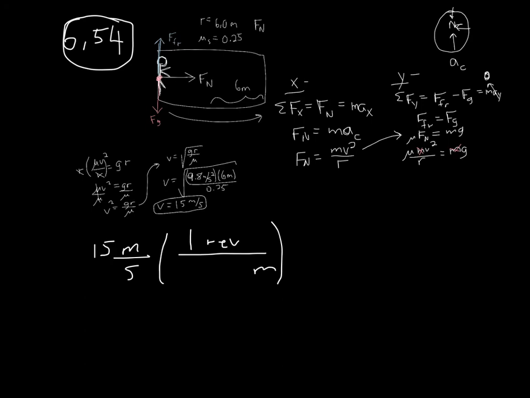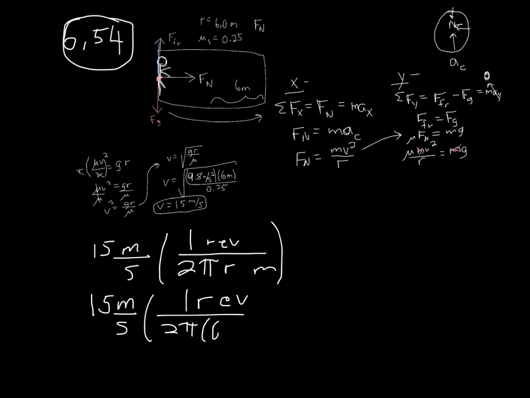What's the circumference of a circle? 2 pi r, or pi times the diameter. Either one will work. So I need to do 15 meters per second times 1 revolution over 2 times pi times 6 meters. Meters will cancel, and I end up with my final velocity of 0.4 revolutions per second.